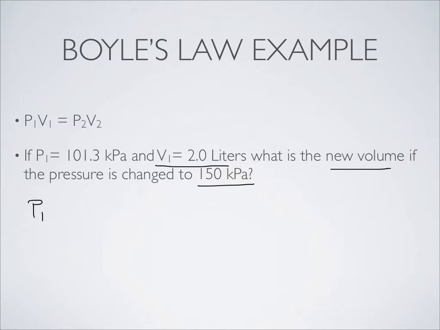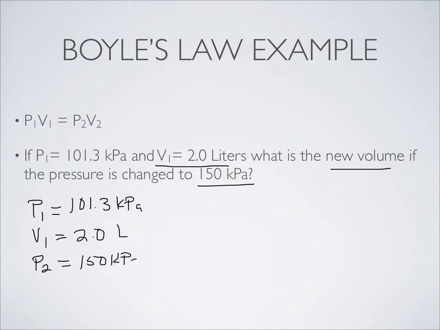One thing I find handy is to write down everything that you're given so that you can figure out which formula you're going to need, because you're going to have about 5 different formulas eventually in this chapter, and it's hard sometimes to separate them. So it's always better to say, what do I have? Pressure 2 we know is 150 kilopascals, and volume 2 is what we want to figure out.